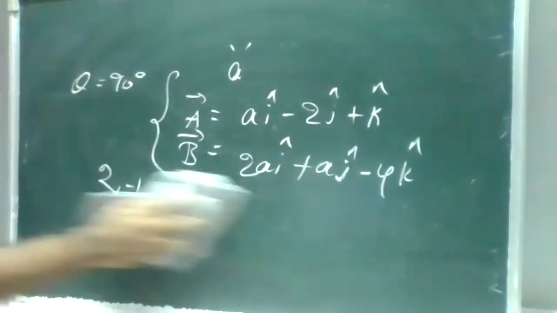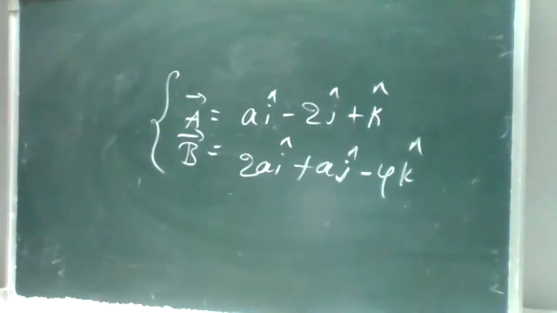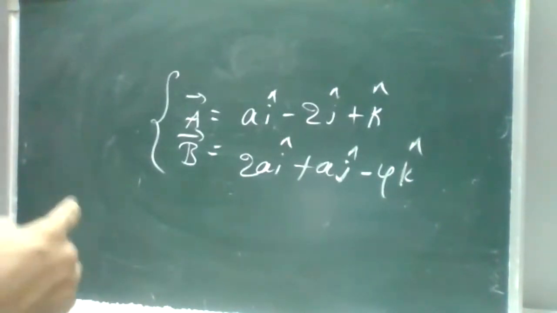I'll do it. So here in the relation, they have given that the vectors are perpendicular to each other, theta is equal to 90 degrees, cos 90 is equal to 0.